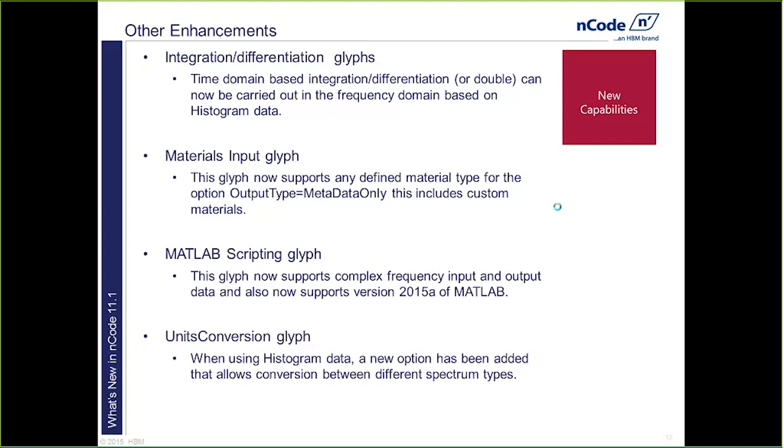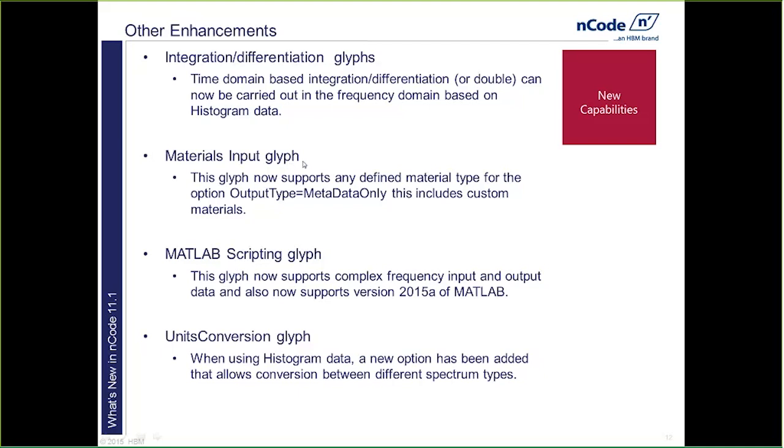We've taken some restrictions off the materials input glyph. Basically, this allows you to pull materials data in from a database and pass it out on a pipe, so that you can use that directly in any flow process. That was restricted to a fixed set of material types, but now that's been expanded, so any material type, including custom types derived by the customer, can now be output.